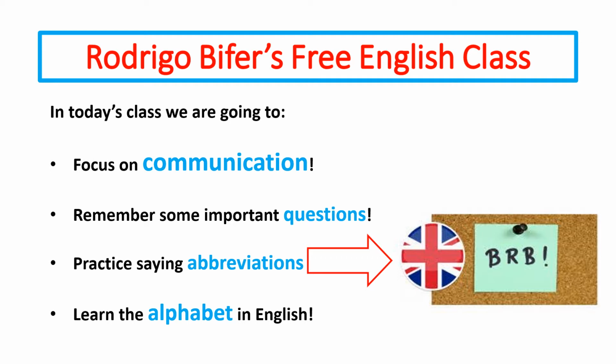And we're going to practice saying abbreviations, okay? So when we look at an abbreviation, or say an abbreviation, or listen to someone saying it, do we understand the abbreviation? All right. And we're going to learn, of course, the alphabet in English. So it's going to be a lot of fun. Let's do it.